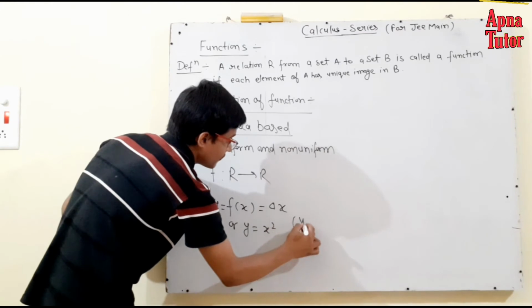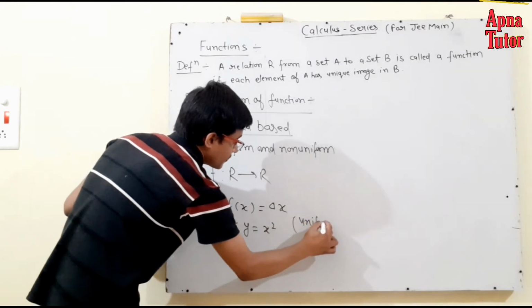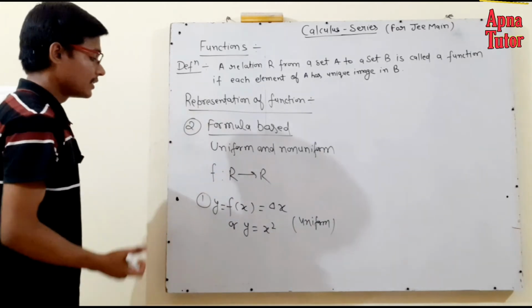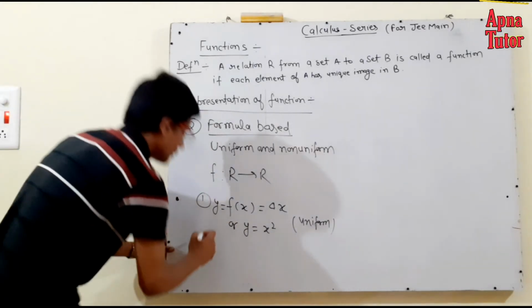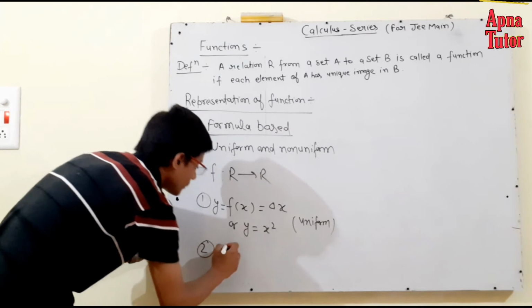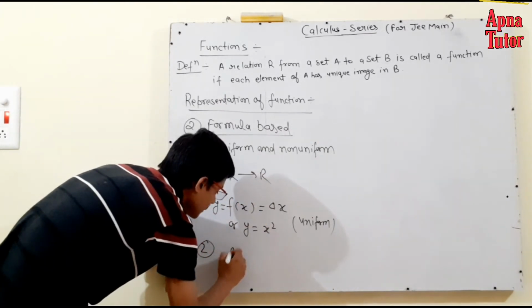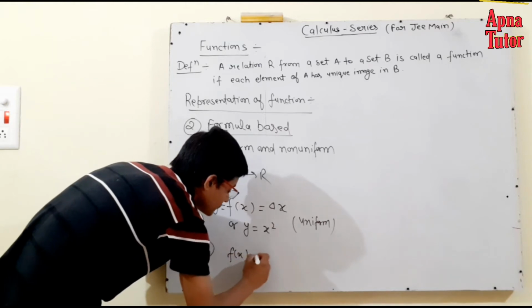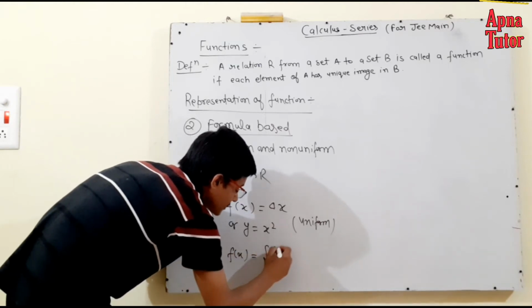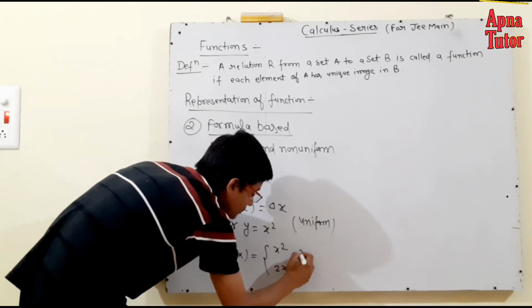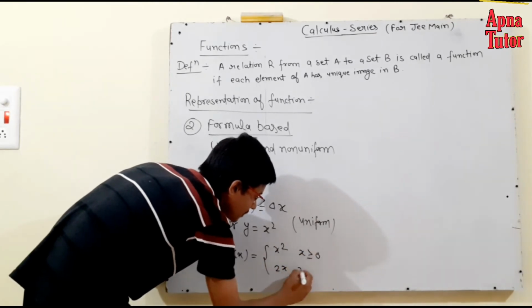These are the uniform functions. They have no discontinuity or breakpoint in their respective domains. What are the non-uniform? If your function is defined like this, f of x is equal to x square and 2x, for x greater than or equal to 2 and x less than or equal.